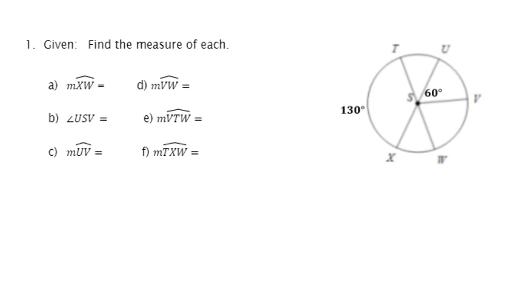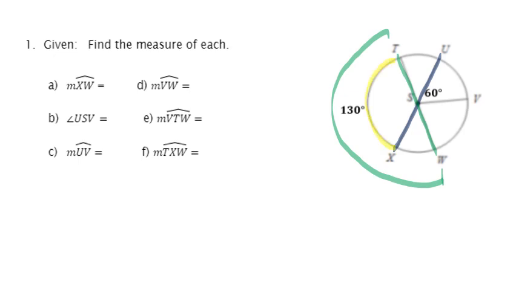In this last example, we're going to be looking at finding our arc measures. So the easiest way to do that is first by identifying our diameter. So XU is a diameter. TW is a diameter. And so any diameter is going to form 180 degrees. So if I already have that, we have 130.